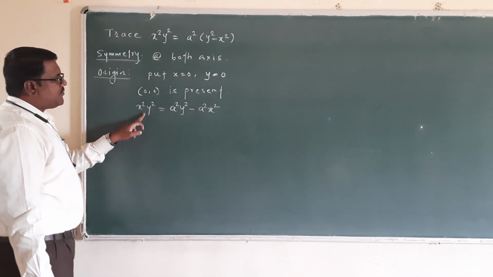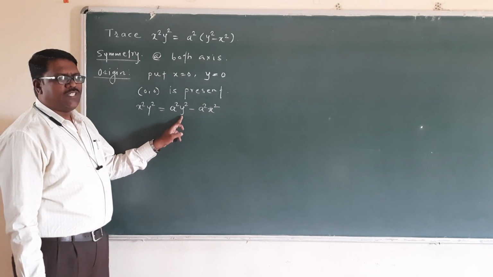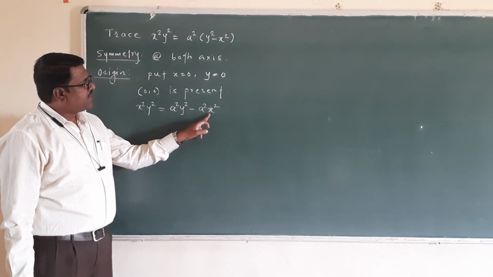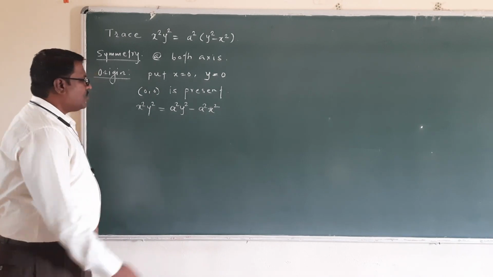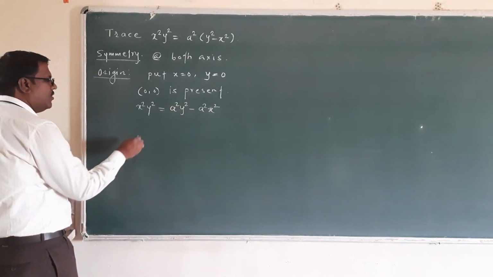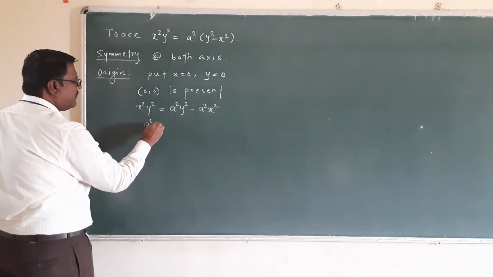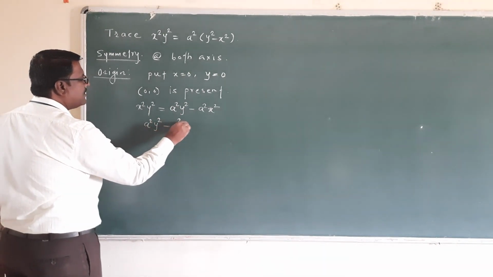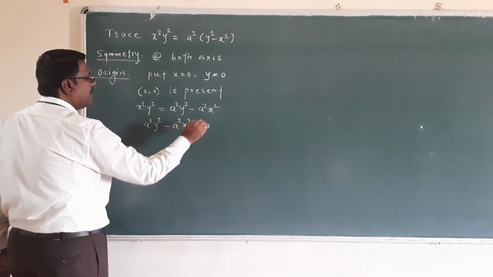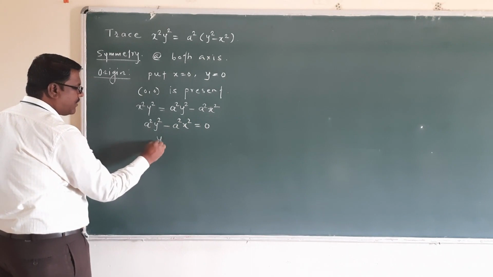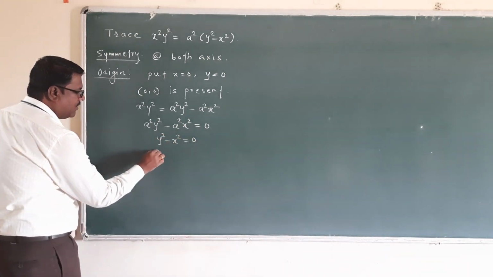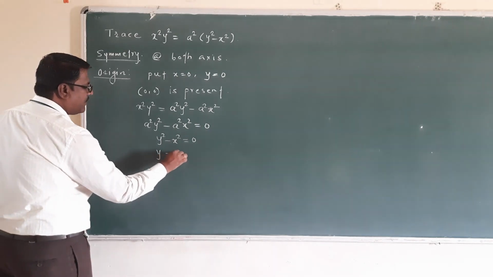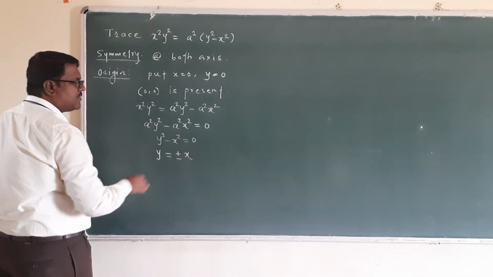The degree of this term is 4, the degree of this term is 2, and of this term is 2. So there are two terms having this degree. Equate them to 0, we get a square y square minus a square x square equal to 0. This implies y square minus x square equal to 0, and therefore y is equal to plus or minus x.